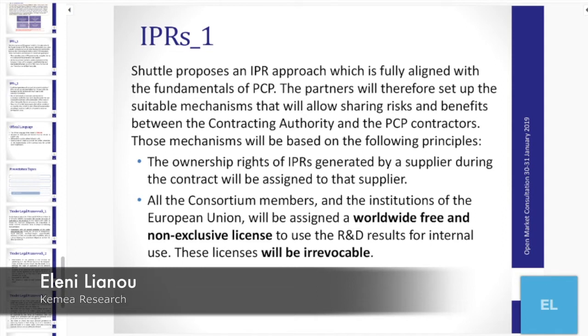On one hand, the ownership rights of IPRs generated by a supplier during the contract will be assigned to and remain with that supplier, and all consortium members and the institutions, of course, of the European Union, since Shuttle is a co-financed project, will be assigned a worldwide, free and non-exclusive license to use the R&D results for internal use. This license will be irrevocable.